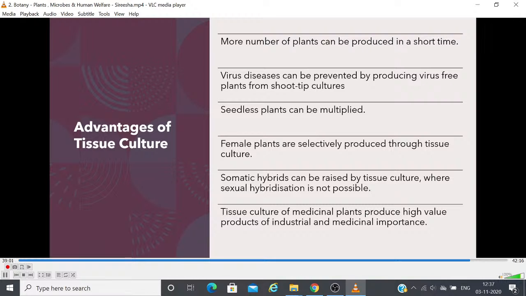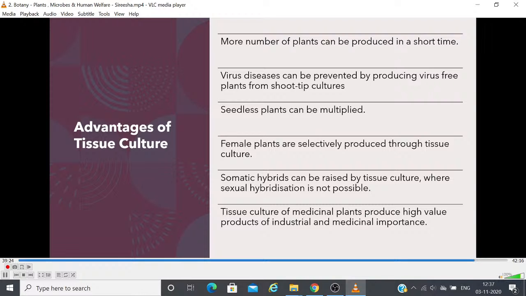So these are some advantages of tissue culture. That is, at the end we should get more number of plants in a very short time. So from one cell we are getting more number of plantlets. If you take a small amount of cells as the explant, from each cell we are getting one plant, so the yield will be more.